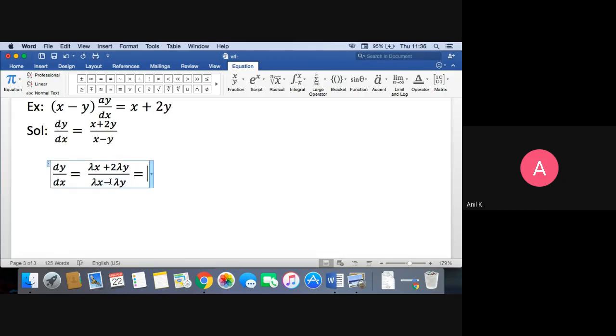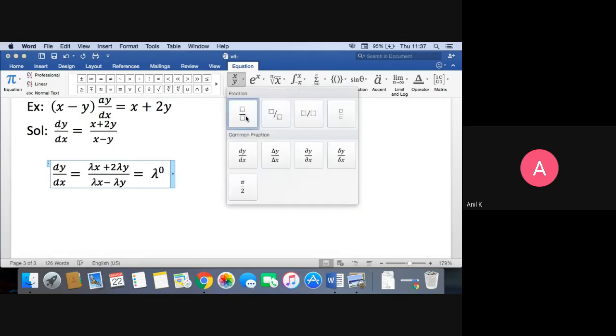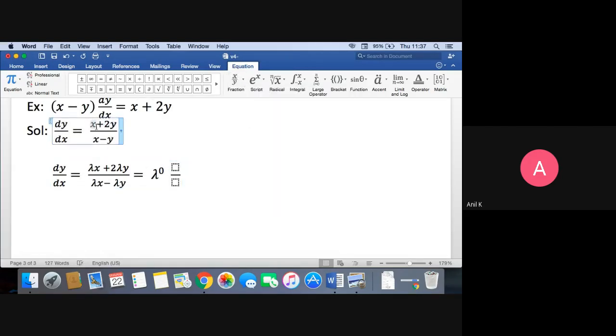Now you can take lambda common in the numerator and denominator, so it will get cancelled. So you can write this as lambda to the power of 0, since everything is getting cancelled. And here you have x plus 2y upon x minus y.